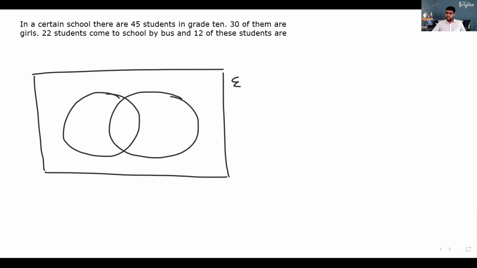I took one like that, and then the number of boys who do not come to school by bus, I represent in the inner part. Then I represent the 22 students who come to school by bus in the next one, and 30 students who are girls in the next one, and all 45 in the outside.